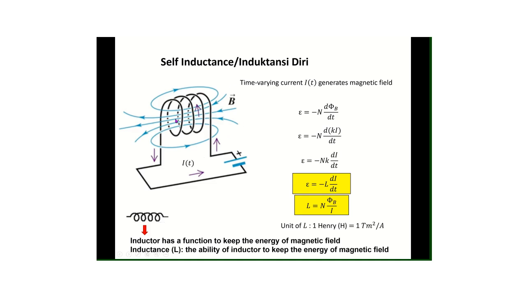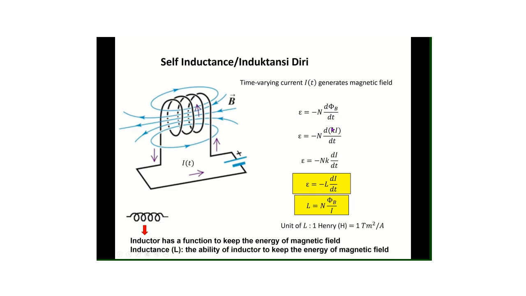This current generates a magnetic field. Because the current changes by time, the magnetic field also changes by time, so we obtain a changing magnetic flux. The induced EMF is equal to minus N d flux over dt from Faraday's law.